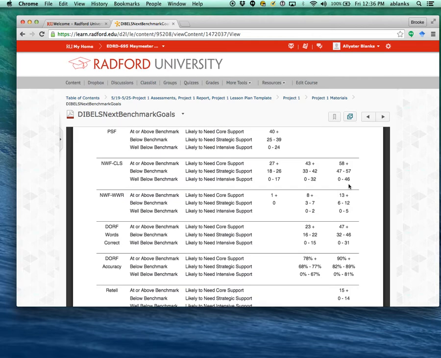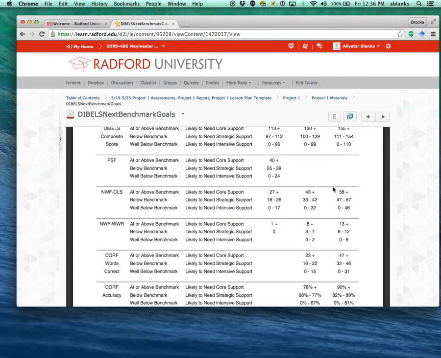The other 2 assessments that you give, the blending measure and the word attack measure, are not reported in terms of rate and accuracy. You only report them in terms of what the student was able to do and what the student was not able to do. There's no benchmark for those. Those are informal assessments. There are benchmarks for the DIBELS assessments because they've been norm referenced on about 10,000 kids.